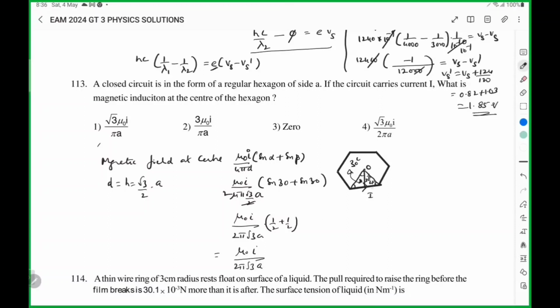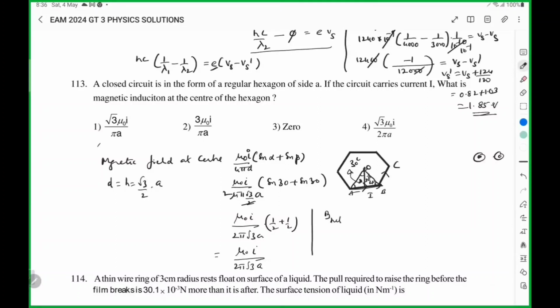Now, once current flows like this at the center, the magnetic field will be perpendicular to the plane due to AB. Even B to C is also perpendicular to the plane. Due to all the finite segments, the magnetic field direction is perpendicular to the plane, coming out of the plane.